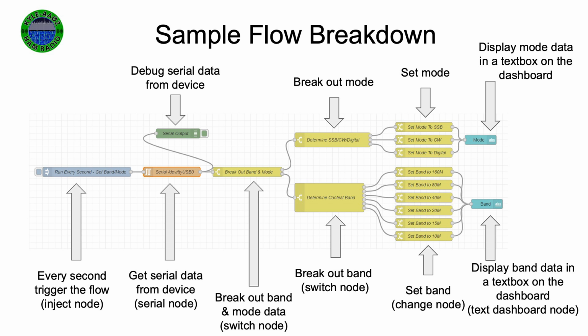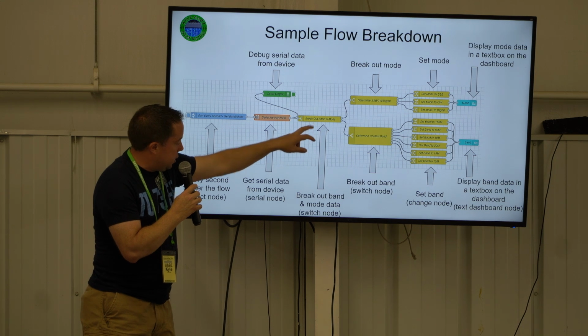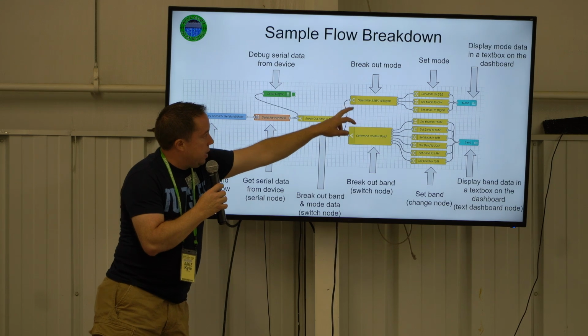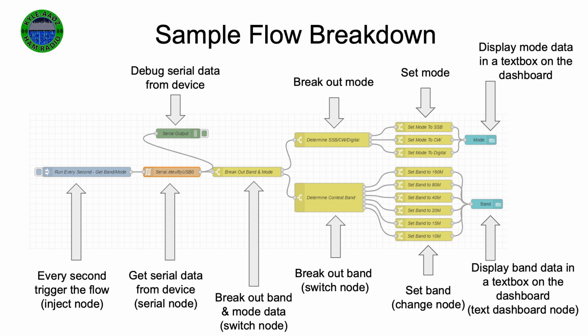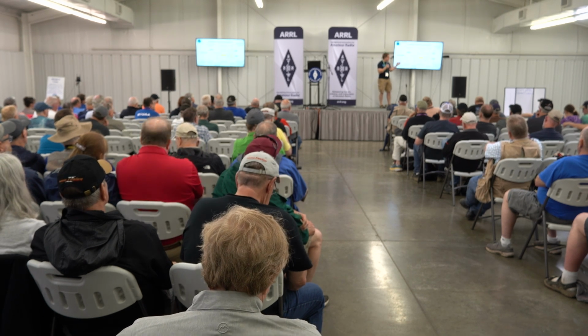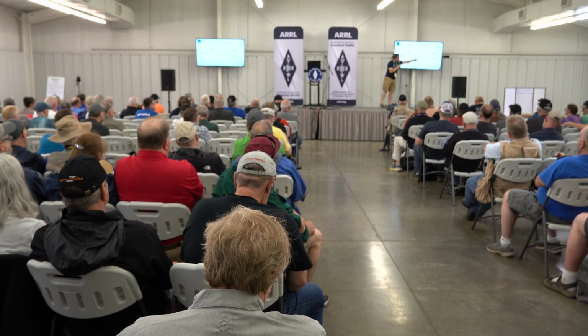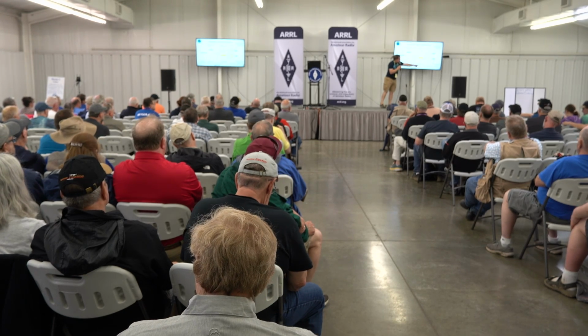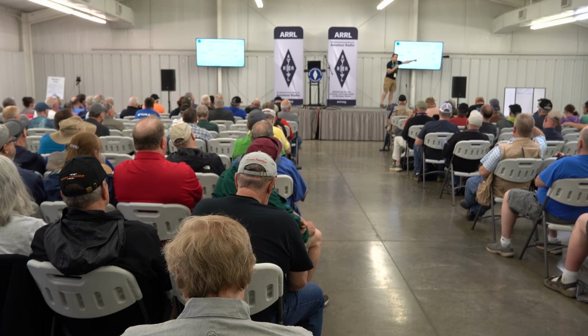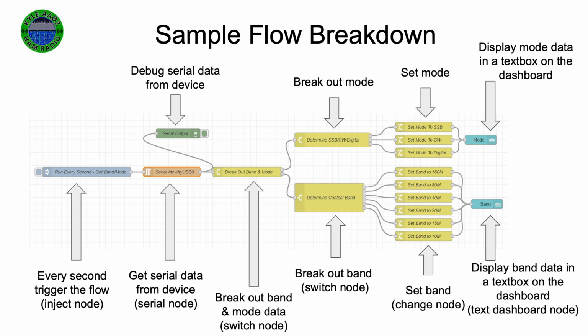So we need to break that information out, and then once we break that information out, it goes to another switch node that's going to look at that data, and this switch node is going to break it out by band, so maybe it says 80 meters, right? After it determines that the payload is 80 meters, it has a change node that sets the payload to 80 meters, maybe a text file, and then it sends it to the dashboard at the end, as a text dashboard node, and it says 80 meters.